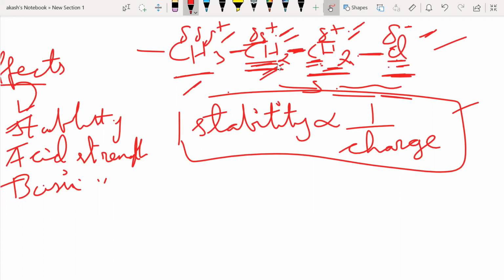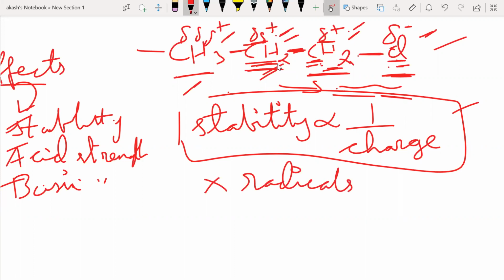Carbocation and carbanion, we can use only for carbocation and carbanion. We cannot use it for free radicals because free radicals are not charged. They are neutral species, correct? So I can use inductive effect for deciding the stabilities of different carbocations and carbanions, but not for free radicals. It is not going to work for radicals. Please remember that because they are not charged.